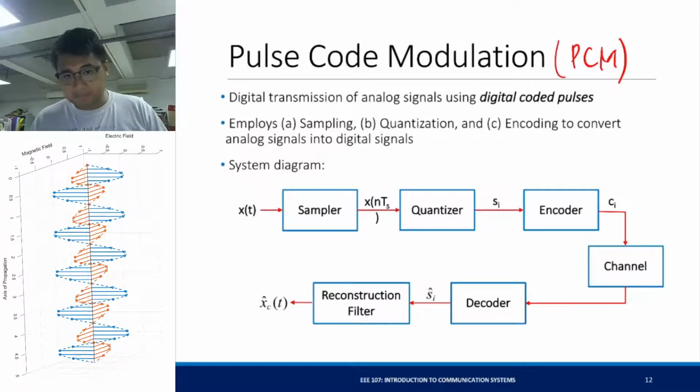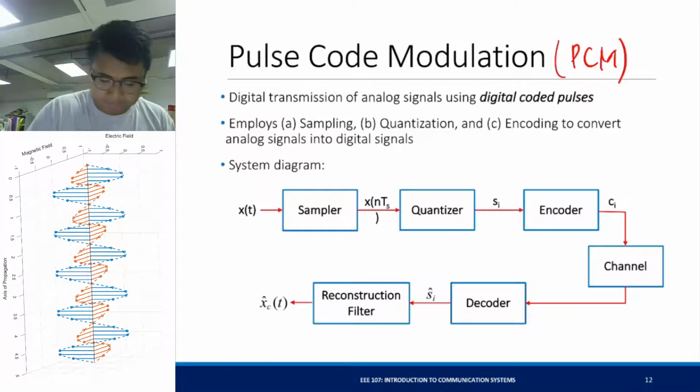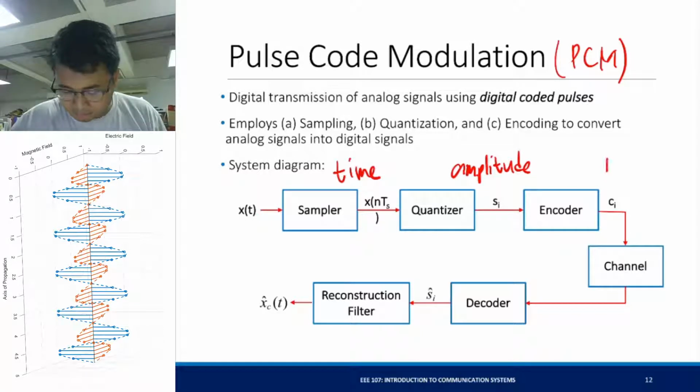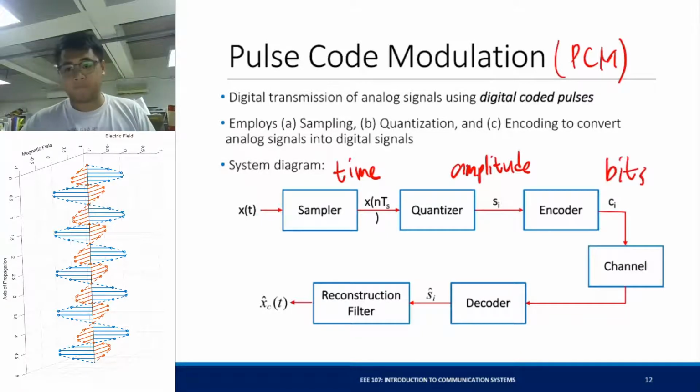It has three steps: sampling, quantization, and encoding. Sampling, basically, you discretize in time. Quantizer, you discretize in amplitude. And encoder represents the signals in bits. Okay? So that's how you get your digital signal.